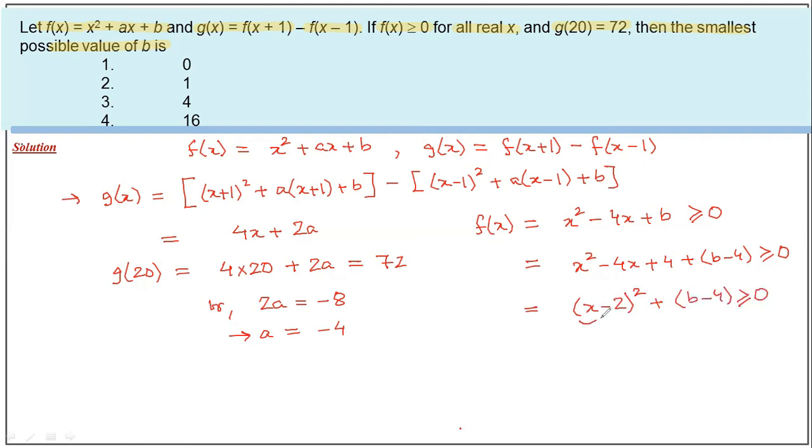Now this part can be either 0 or greater than 0, but since we have to find out the smallest value of b, so for x equal to 2, we get b minus 4 greater than or equal to 0, or b greater than or equal to 4. So the smallest possible value of b is 4, option 3.